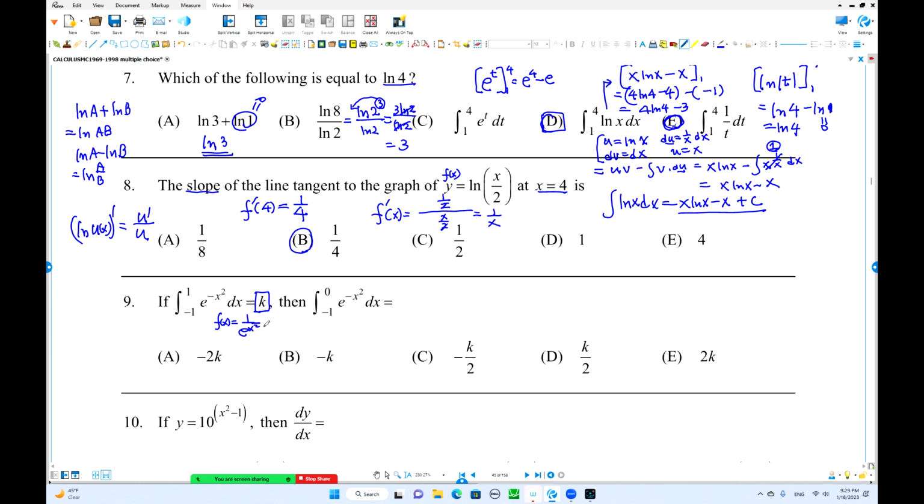So the graph of this one, when x equals 0, that is 1. When x increases, it gets going down. The graph of e to the x squared looks like this one. This is x equals 0, that is 1 over 1. The graph looks like this.